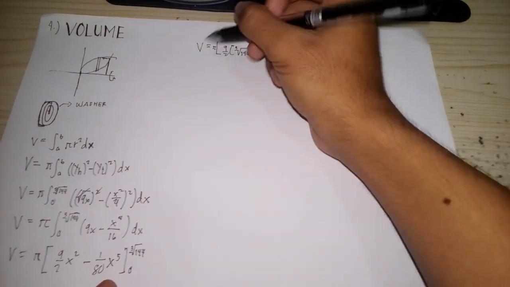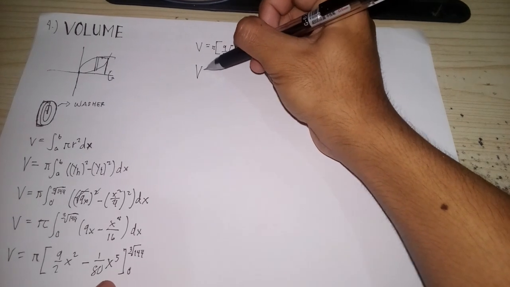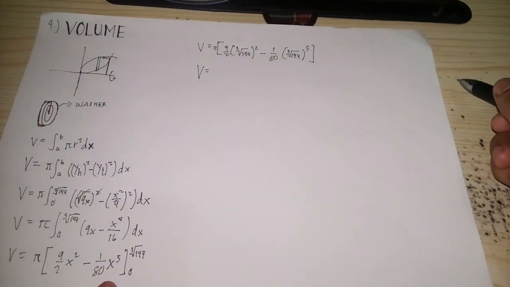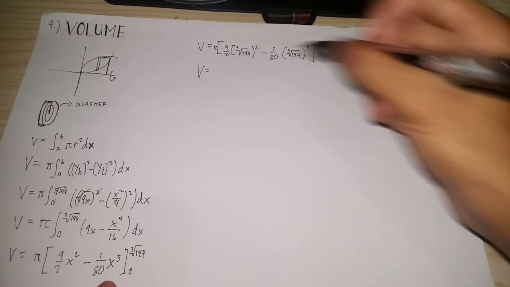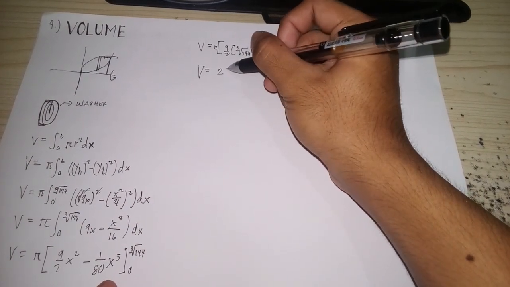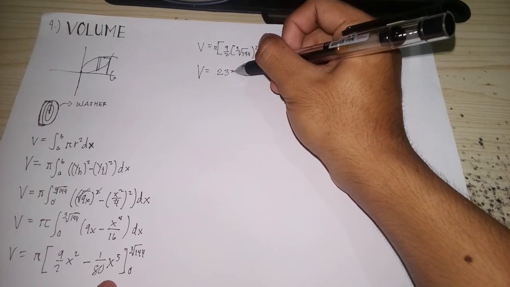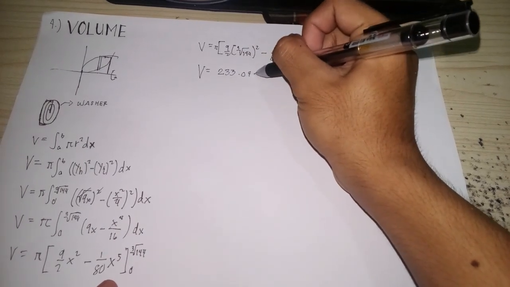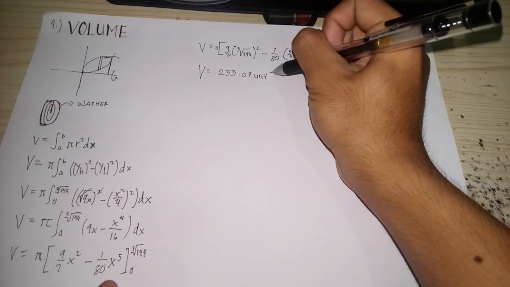So now we plug this in our calculator, then we should be able to get our volume, which is equal to 233.04 cubic unit.